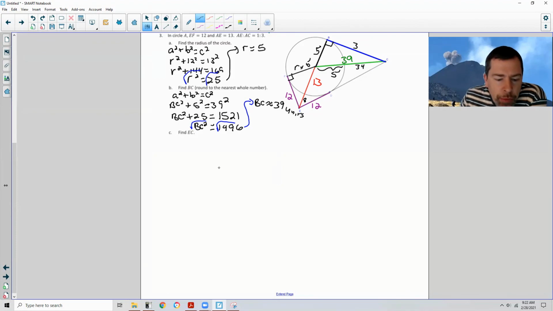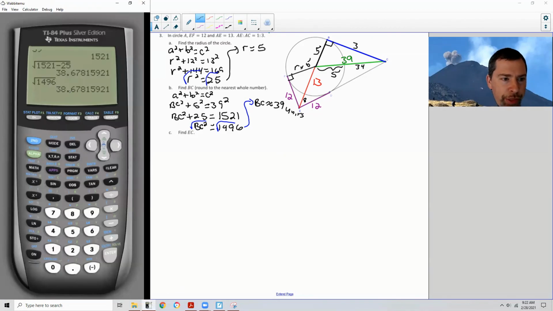Oh, I guess it can because it was a little less. Let me explain that. 38.67 is a little bit less than 39. And the hypotenuse has to be the longest side of the triangle. So if I took this value squared plus 5 squared, then I get 1521, and the square root of 1521 is 39. So that is right.